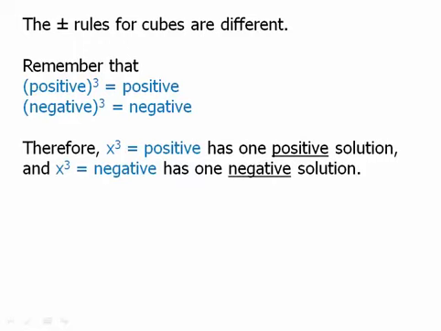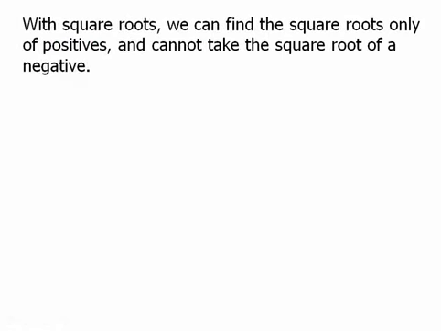So you don't get the problem of double roots in one case and no solution in another case, as we got for squaring. With square roots, we can find the square root only of positives. Of course, we could also find the square root of 0, but we cannot take the square root of a negative. For much the same reason, just as we can't square something and get a negative, we can't take the square root of a negative.